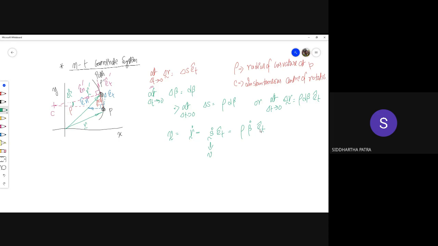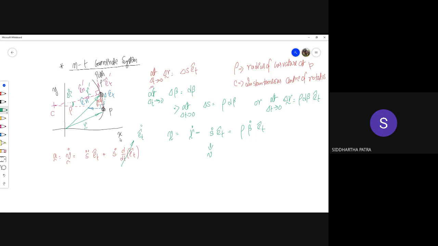Now what happens when we try to get the acceleration, which would be the rate of change of velocity, which is in one part s double dot et, but you'll have to realize that this et is not a constant, which is to say that it also comes with s dot d/dt of et, or this whole quantity can be called et dot.